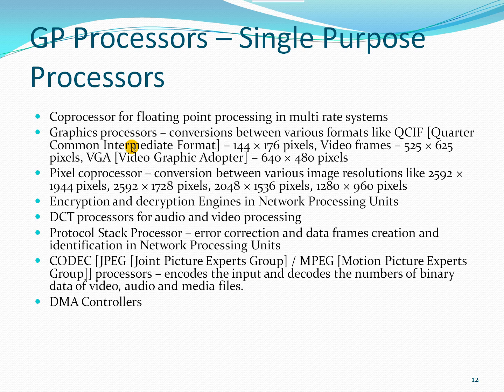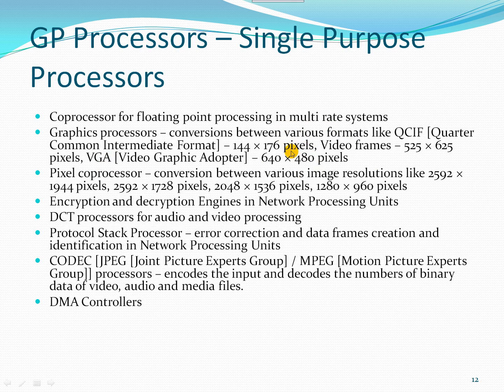The conversion between the various formats like QCIF, that is the quarter common intermediate format, which is 144 cross 176 pixels, and the video frames like 525 cross 625 pixels, and VGA. This is the main video graphic format. The VGA format will be having 640 cross 480 pixels.